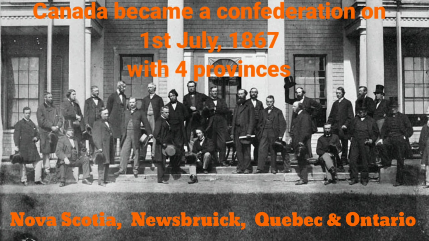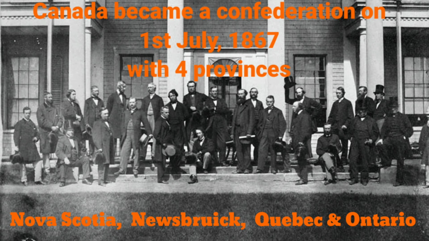Alright, so you're welcome to the Do You Know segment, where I give you information that you need to know about Canada. On the segment today, which is the pioneering segment, do you know that on July 1st, 1867, Canada became a confederation, meaning that 4 provinces came together to form Canada.